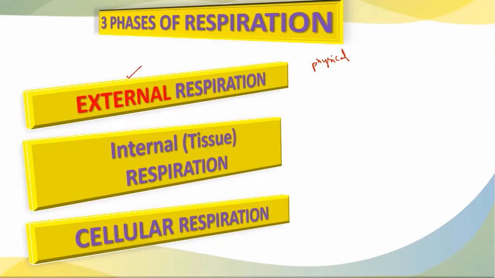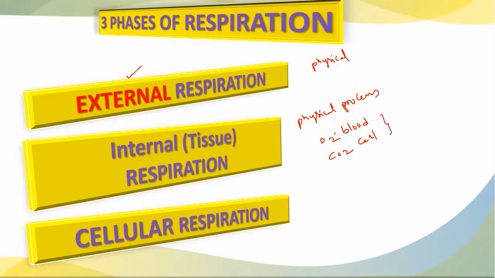The second phase is internal respiration or tissue respiration. It is also a physical process. It involves the exchange of oxygen of blood and carbon dioxide of the cell at the cellular level.